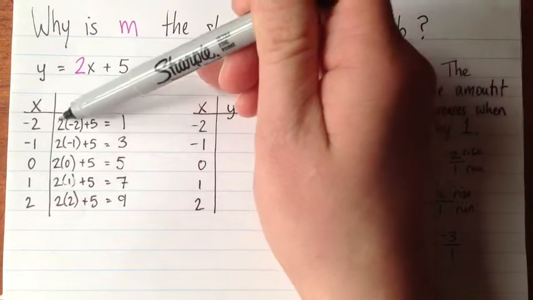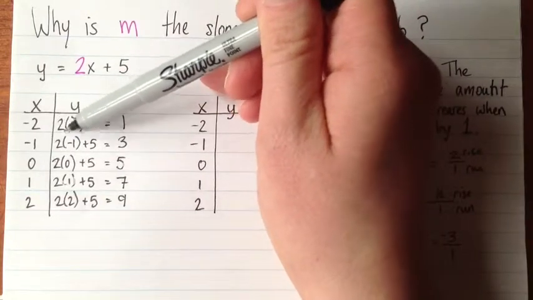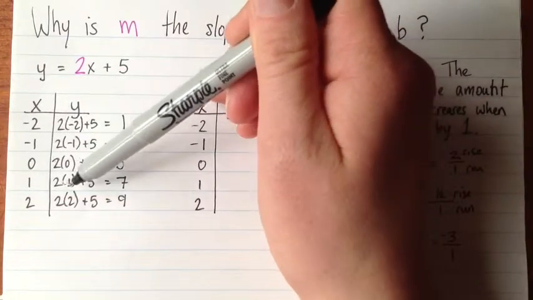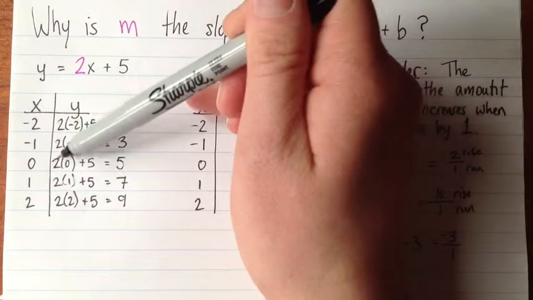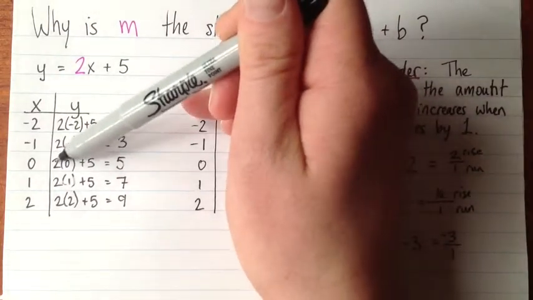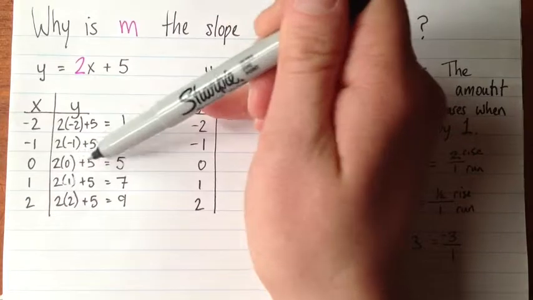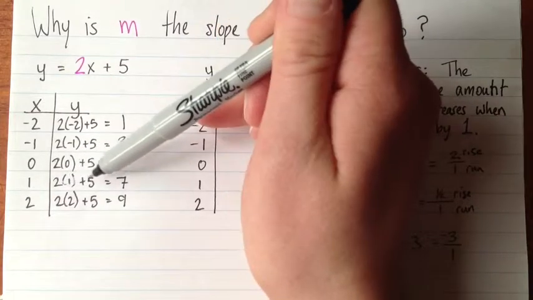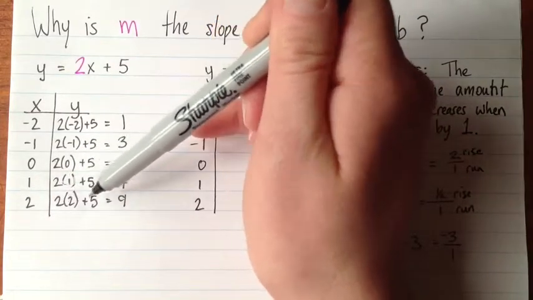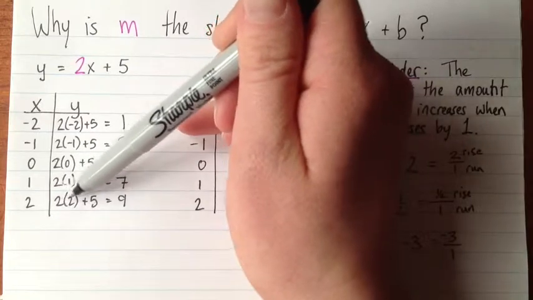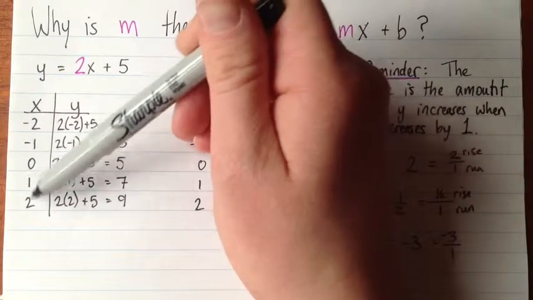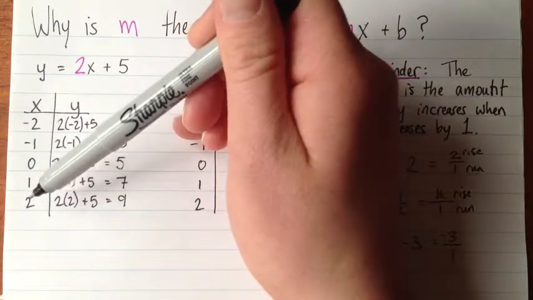And if we look at how many 2's we have, that's going up by 1 each time. Just look at the positive and 0 for a minute. Here I've got 0 2's plus 5, then 1 2 plus 5, and 2 2's plus 5. So I'm adding 2 every time my x value goes up by 1.